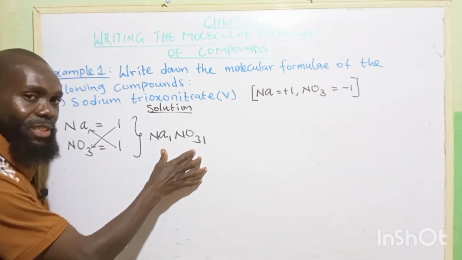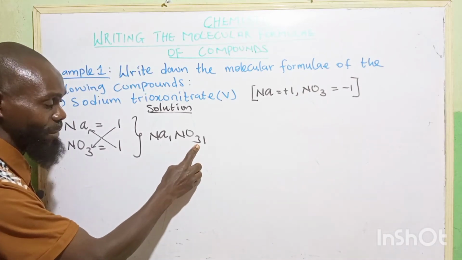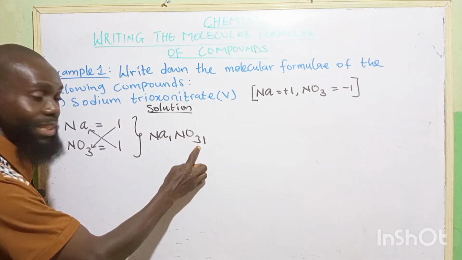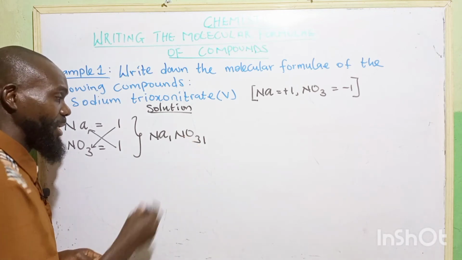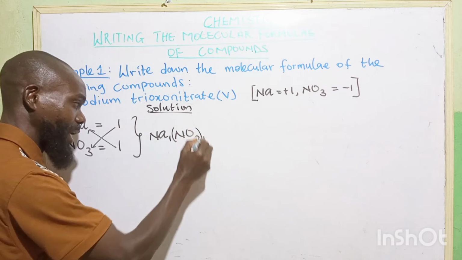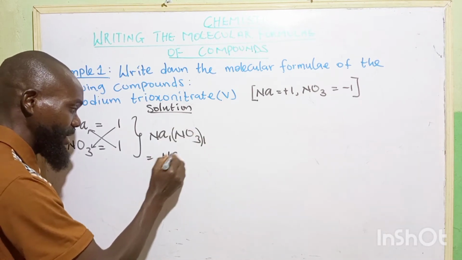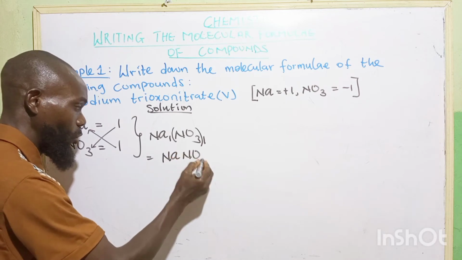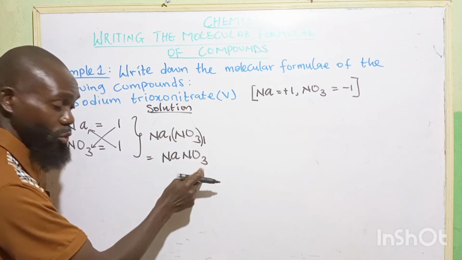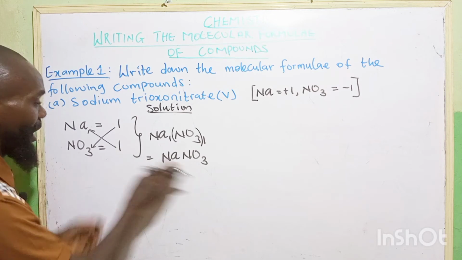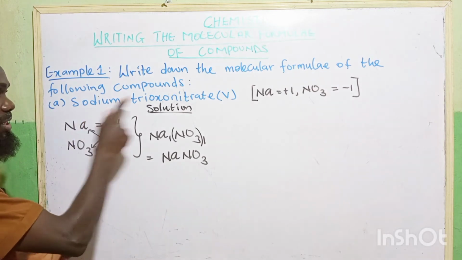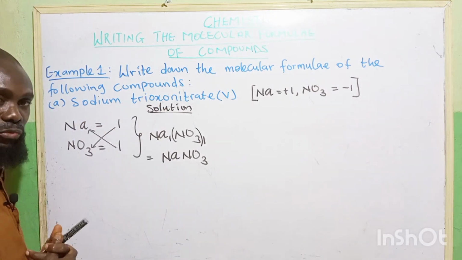But we cannot leave this like this, because when you write it like this, it means oxygen is having 31. So in this case, you open a bracket and close this bracket. So our equation becomes NaNO3, because 3 times 1 gives us what? 3. So this is the formula for sodium trioxonitrate 5.